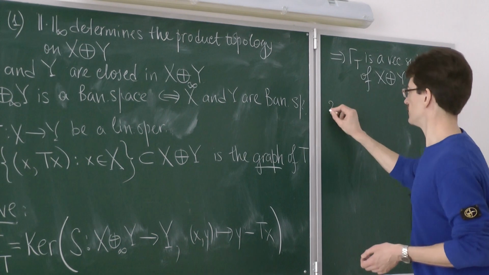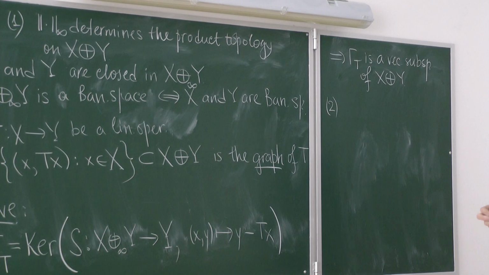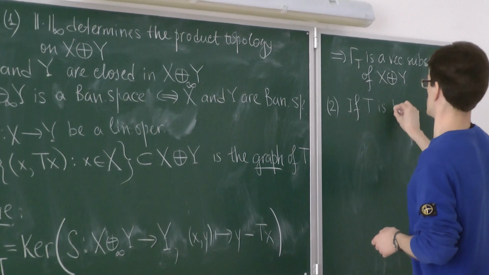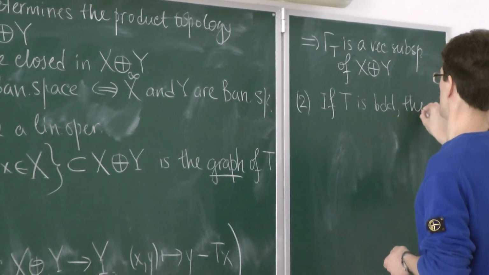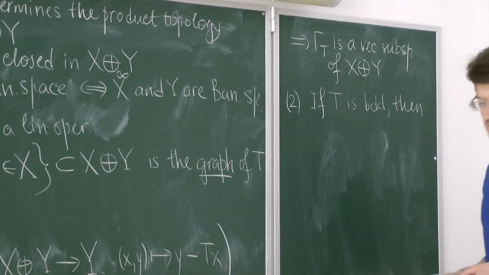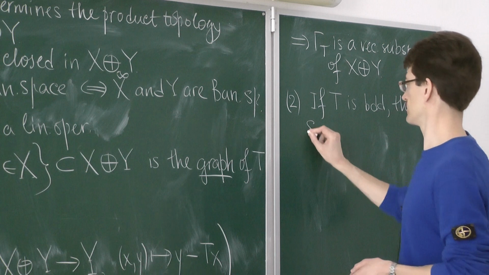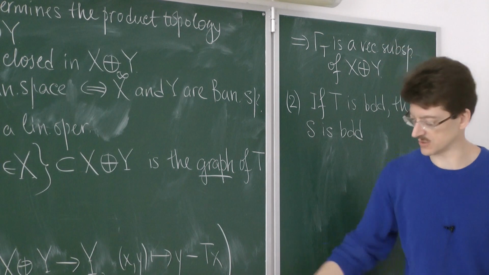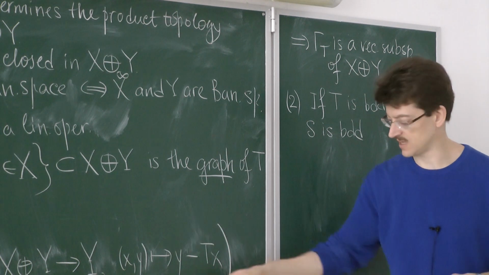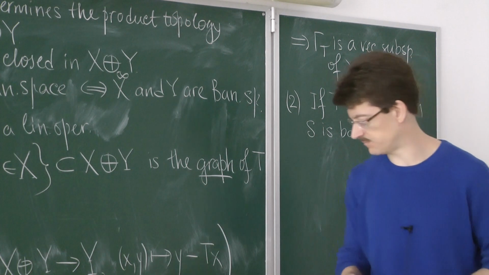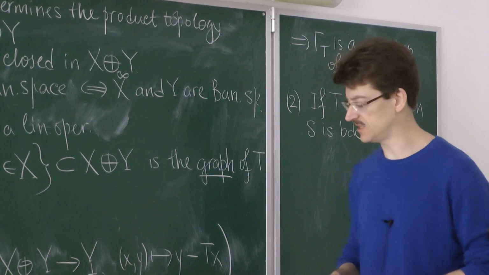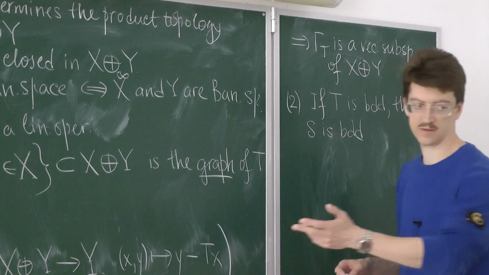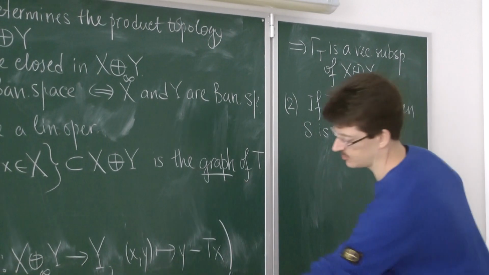And observation 2: if the operator T is bounded, then it's immediate that S is also bounded, because the norm of this vector can be estimated as, say, 1 plus the norm of T multiplied by the maximum of the norm of x and the norm of y. That is, multiplied by the L infinity norm of this pair.